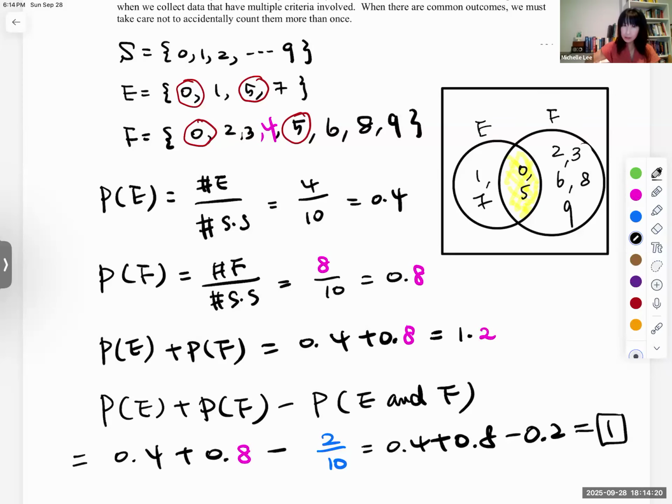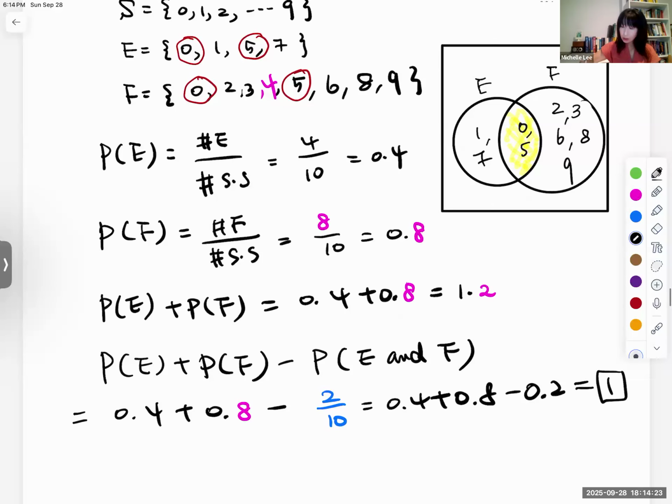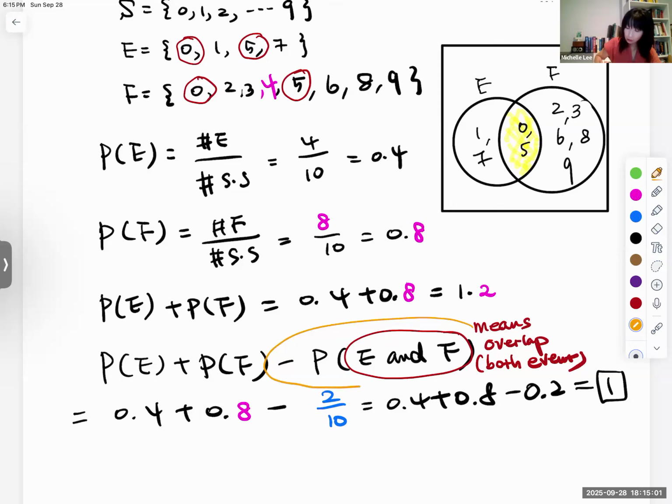Okay, so this means we take away the probability of event E and F, which is the overlap. Event E and F means the numbers that belong to E also belong to F, both events.